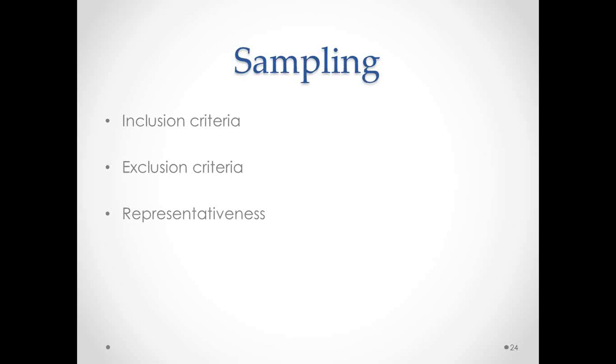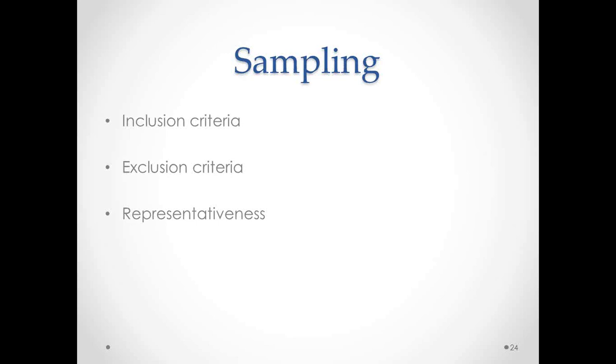So when we're talking about sampling, we have to think about inclusion and exclusion criteria, and whether the sample we're selecting is going to have adequate representativeness to what we're trying to conclude. So if we want to find out the opinions of band 5 staff nurses, and we speak to 5 band 5s, is that a representative sample?